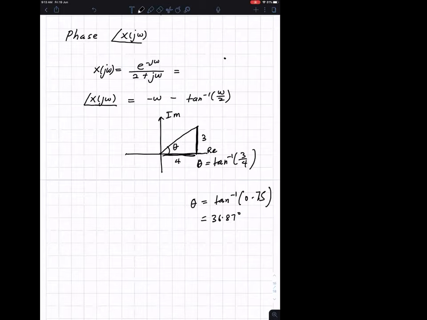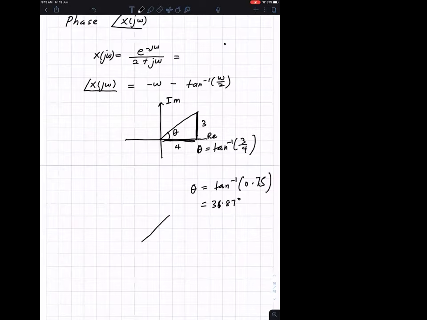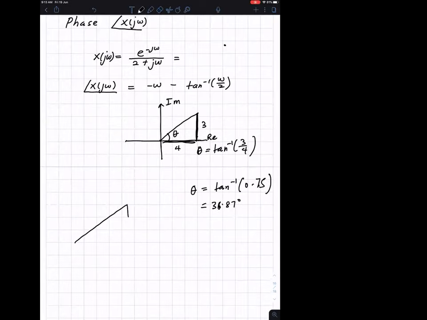36.87 degrees. Okay. Now if you take this triangle and you put here, let me draw this bigger. Theta is 36.87. This is adjacent.